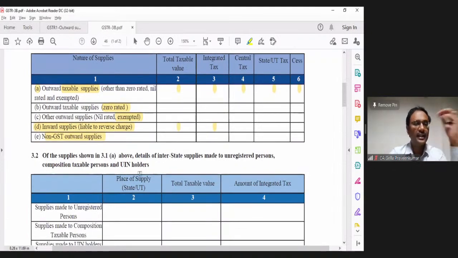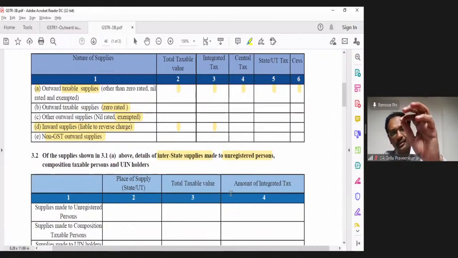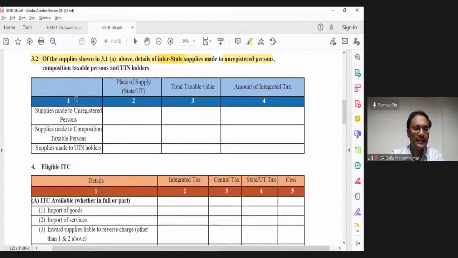Look at this carefully. Again, 3.2 asks you to show your interstate supply made to unregistered persons. Why? Government wants to know whatever IGST you paid, to which state how much benefit has to be given. To give the benefit of that IGST to the respective states, they expect you to fill this table 3.2.